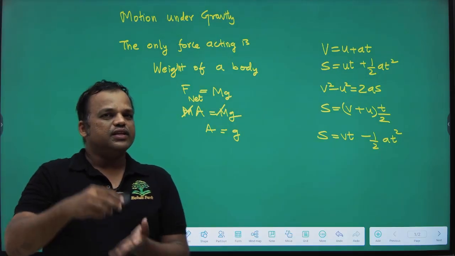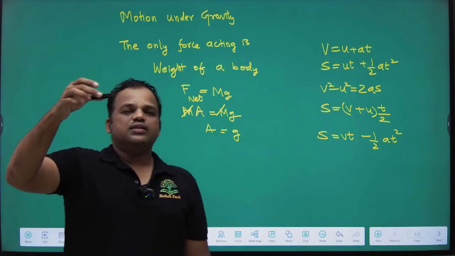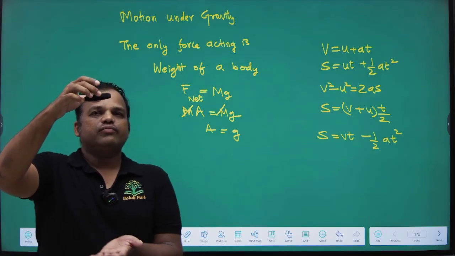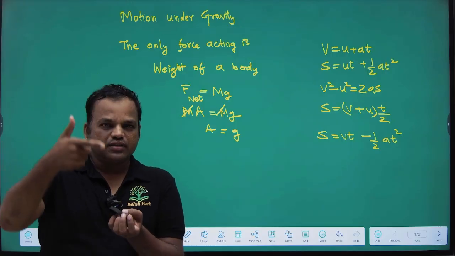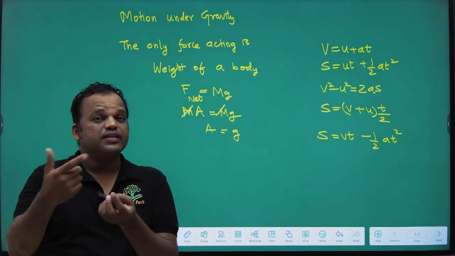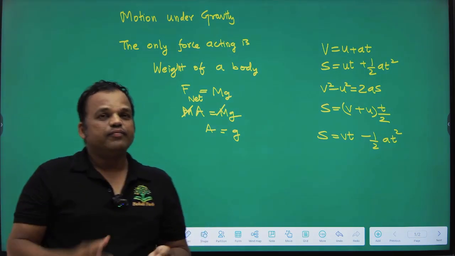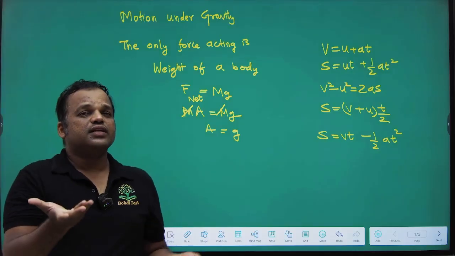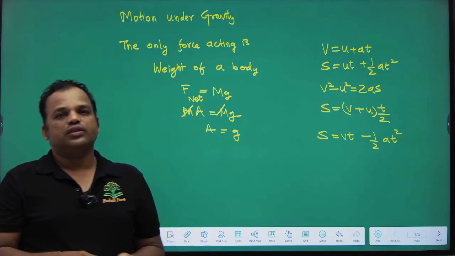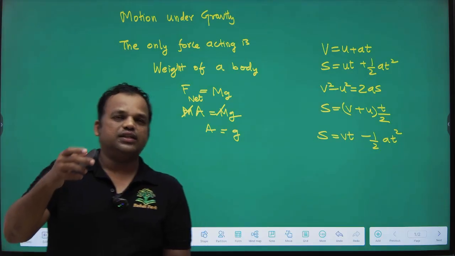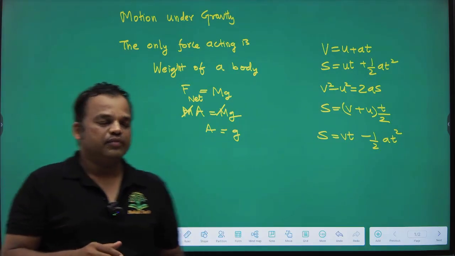That is known as acceleration due to gravity. We observe that the initial velocity is 0, and as it is falling down, the speed is increasing, so velocity is also increasing, so it is accelerating. And what is the reason for that acceleration? Gravity. So that's why we call that acceleration as acceleration due to gravity.